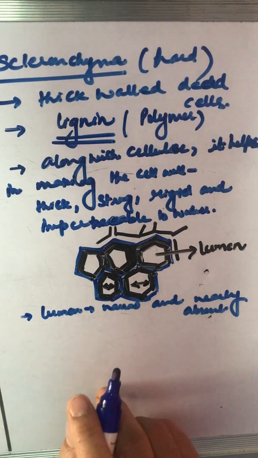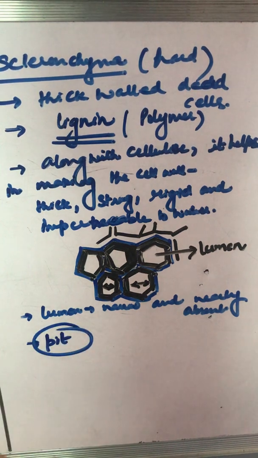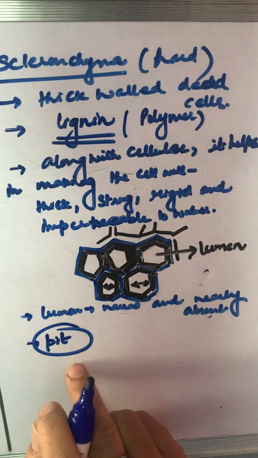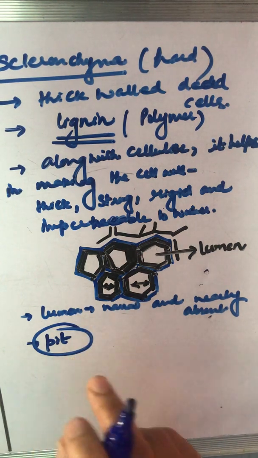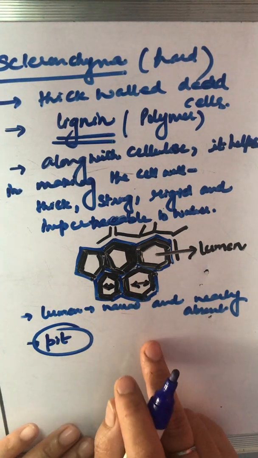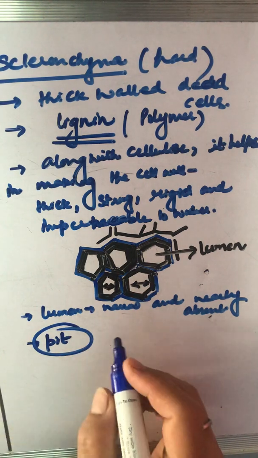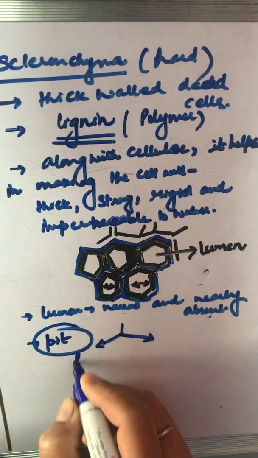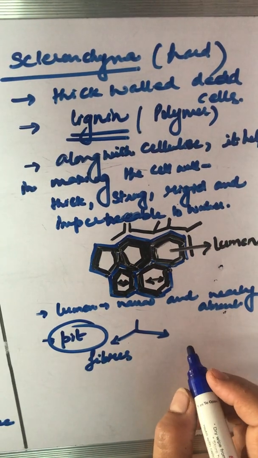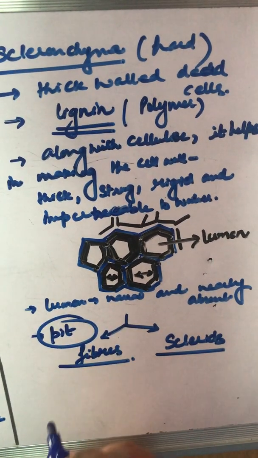Sometimes these areas are also called pits, where oblique thin areas are found. These are known as pits. They appear hexagonal in transverse section, and the Sclerenchyma cells are grouped into two main types. One are the fibers and the other are the sclereids. These are based on the shape.